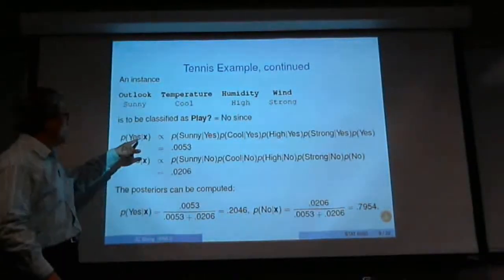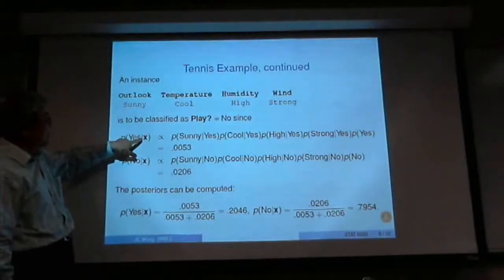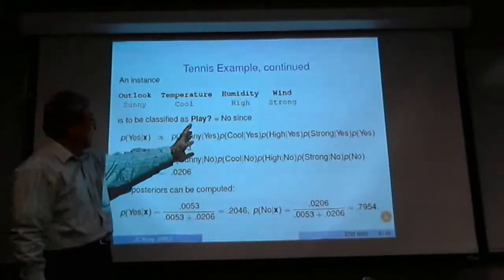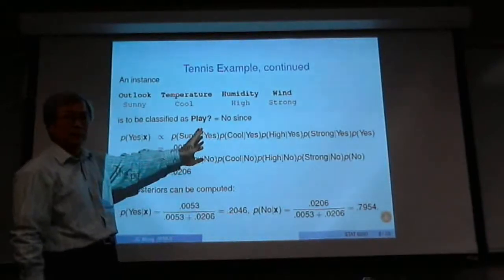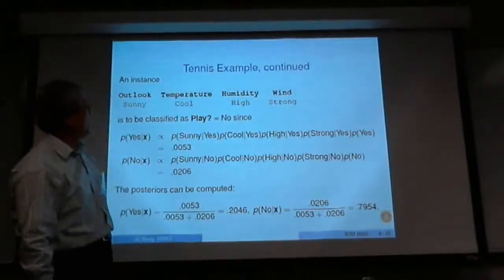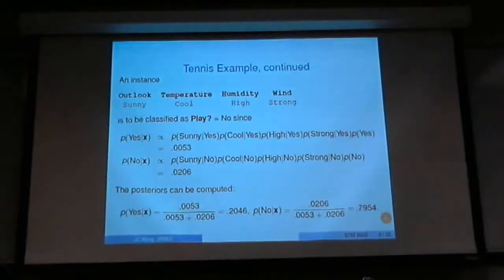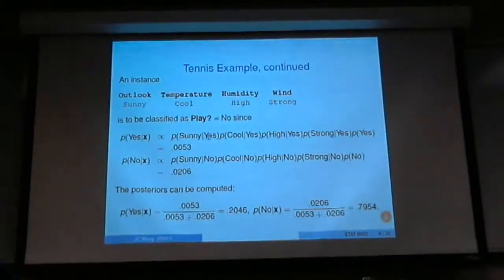Remember we mentioned that the posterior probability after observing the feature vector x is, for yes, proportional to the data conditioned on the group yes, times the prior. So the posterior probability can be computed as sunny given yes, and cool given yes, and high humidity given yes, and strong wind given yes, times the prior.